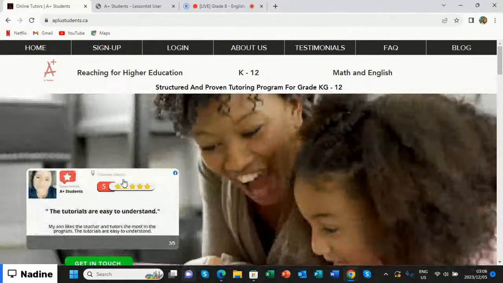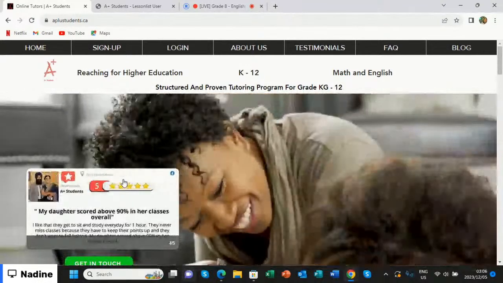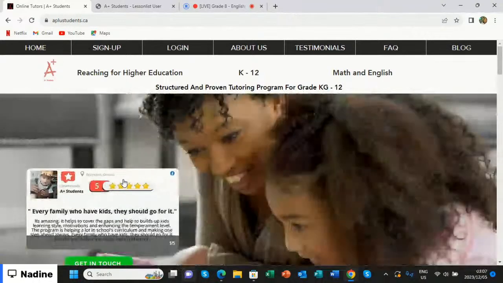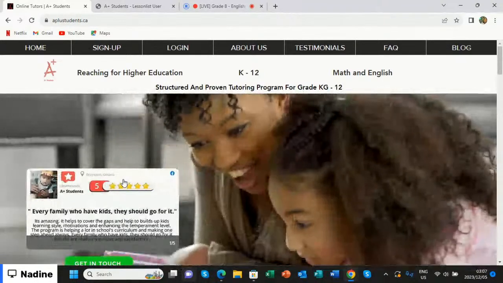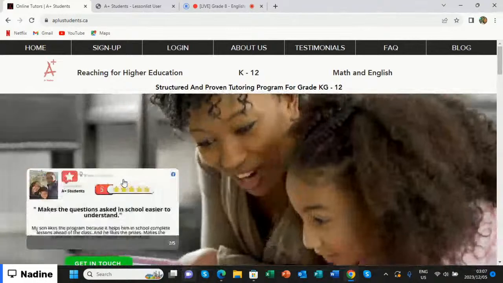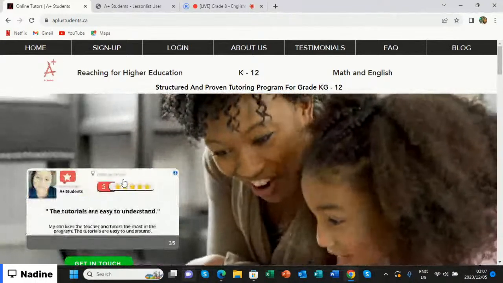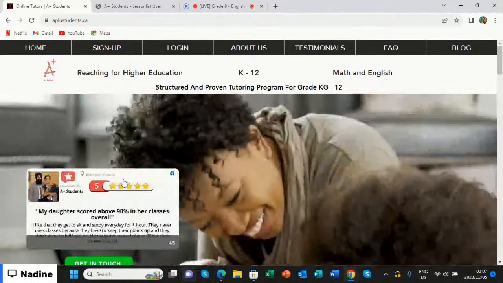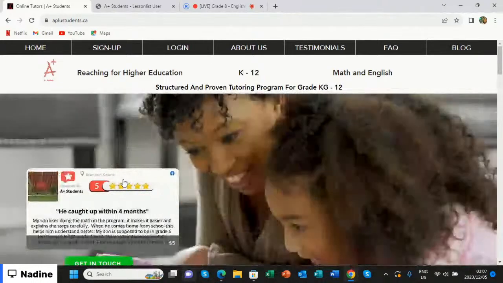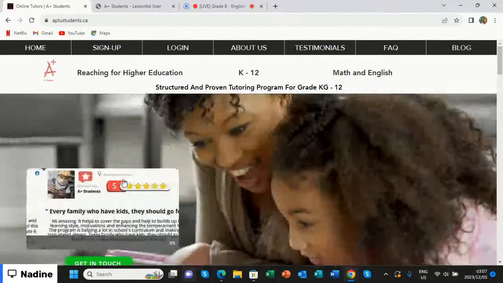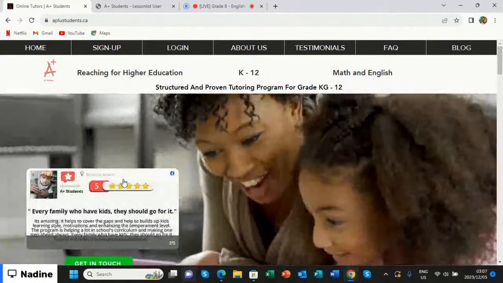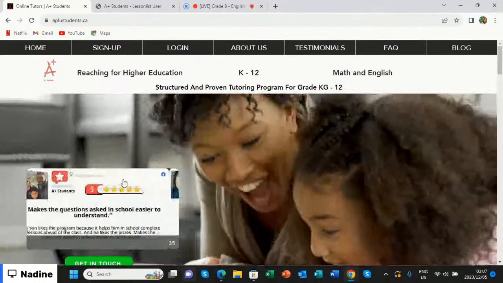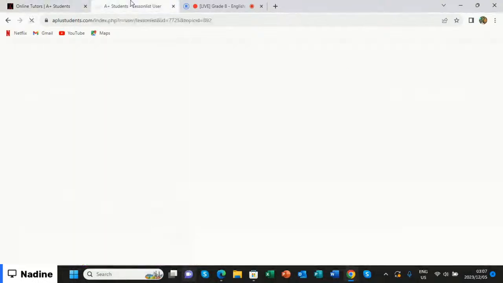And then you're going to select the subject of language arts and then grade 8. And once you've selected the subject of language arts, grade 8, you're going to scroll down until you get to the chapter of verbs.